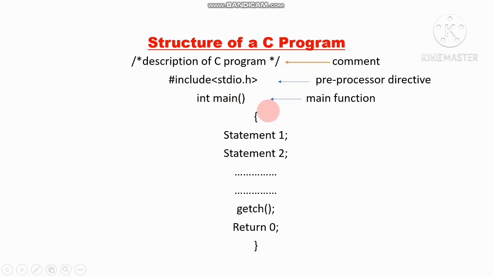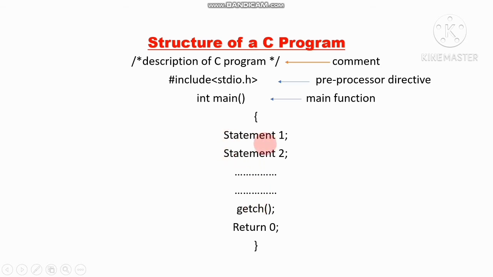After this, the curly brackets are always used, and the main coding, the body, will be written within these curly brackets. See here, statement 1, statement 2, these are the body of your program.